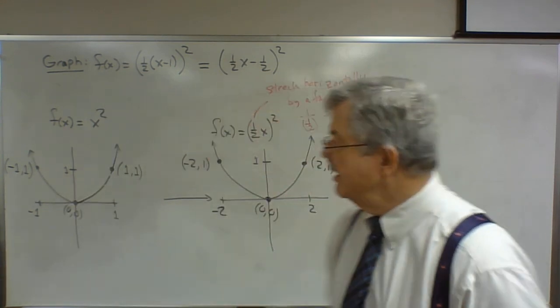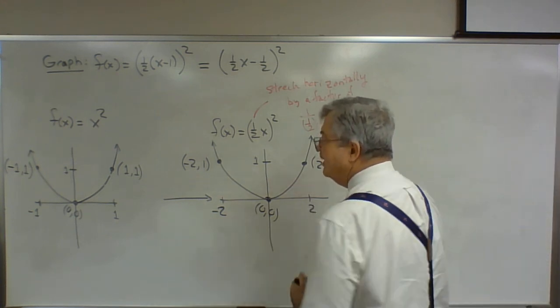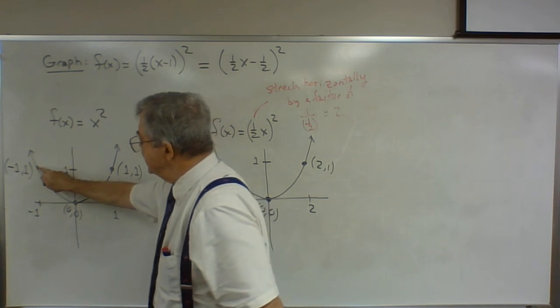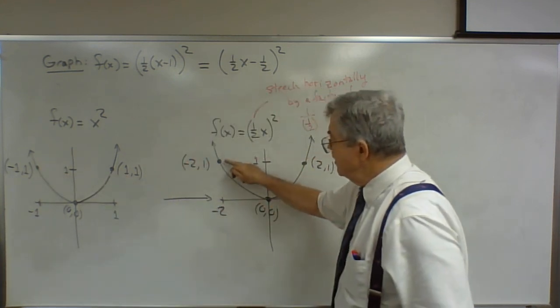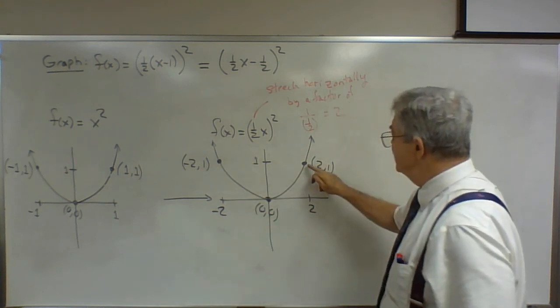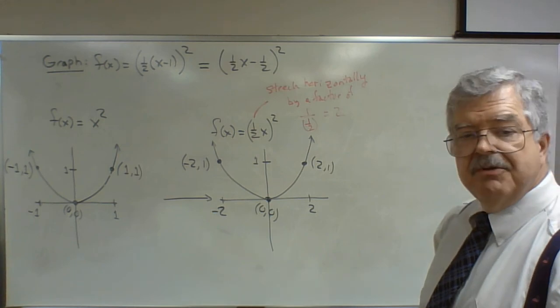Okay. So I just stretched the graph horizontally. Instead of these points being at x equal negative 1 and x equal positive 1, they're at x equal negative 2 and x equal positive 2. Now we'll do the next step.